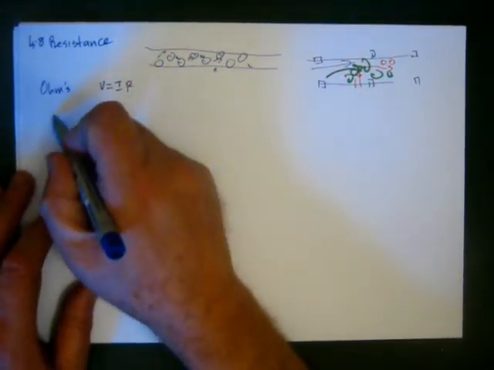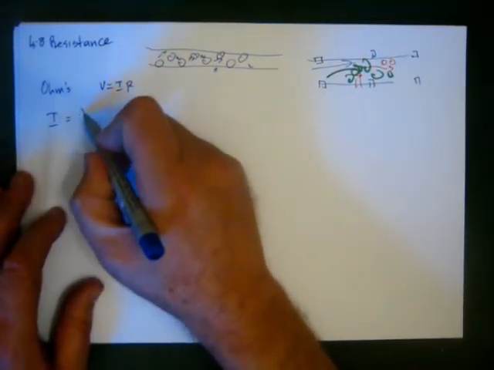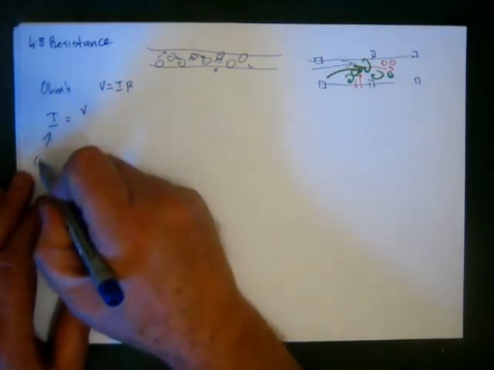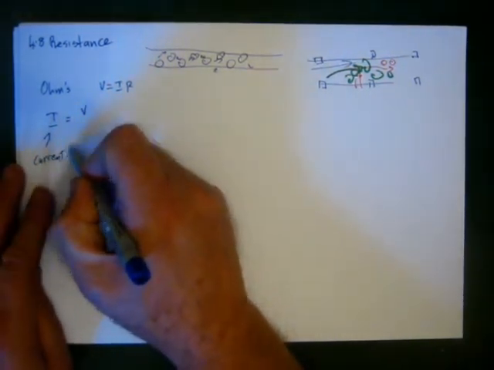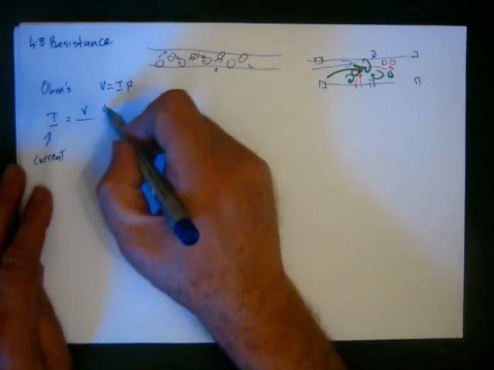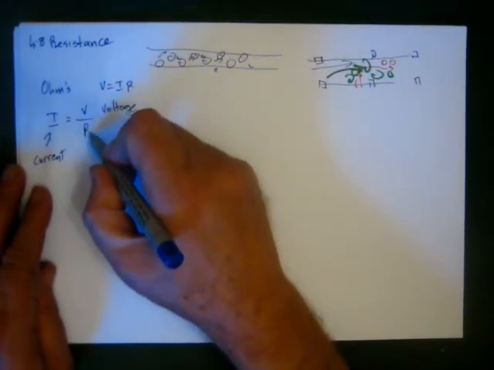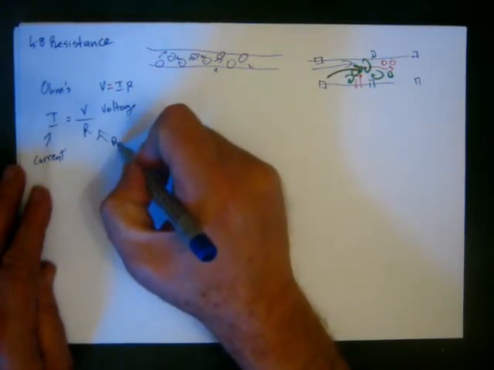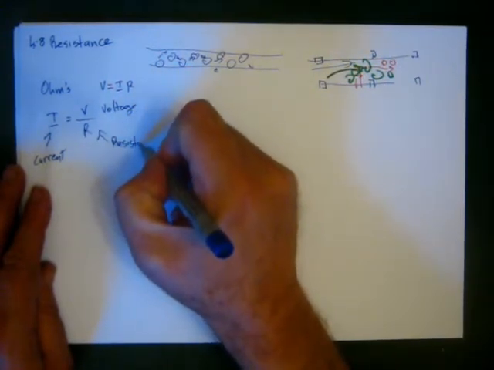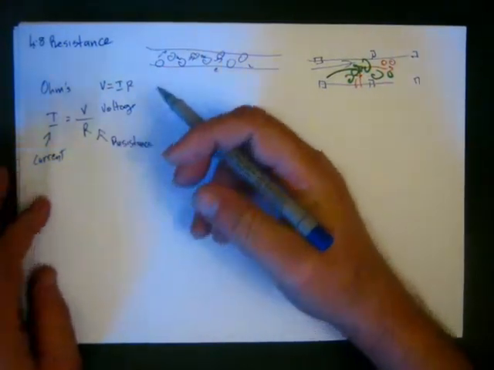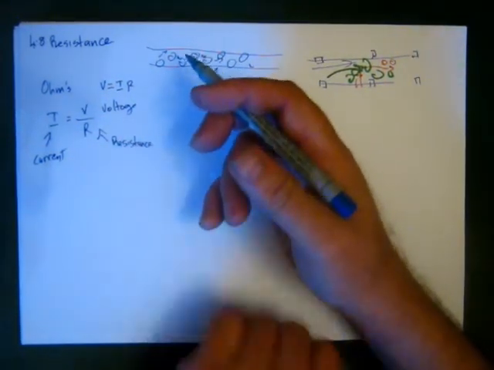but let's write it out. So the current, I, is going to be related to the voltage, or the potential voltage, and a quantity called resistance, which is going to depend on the wire itself, how long it is, and all sorts of things.